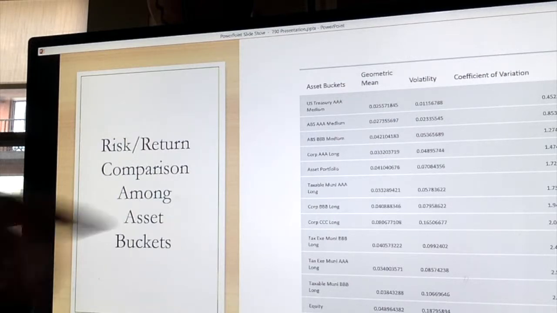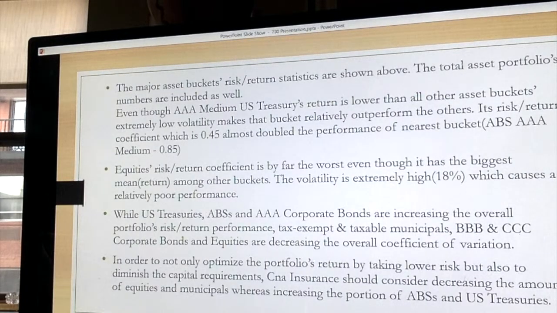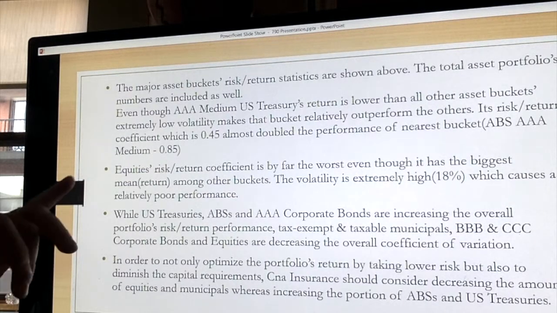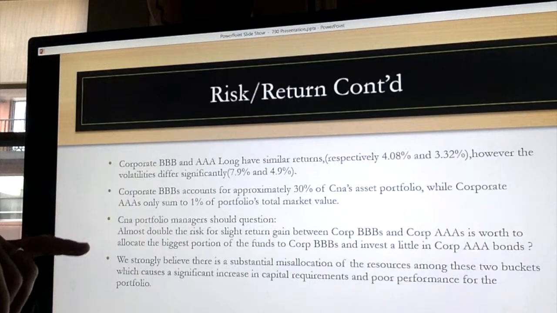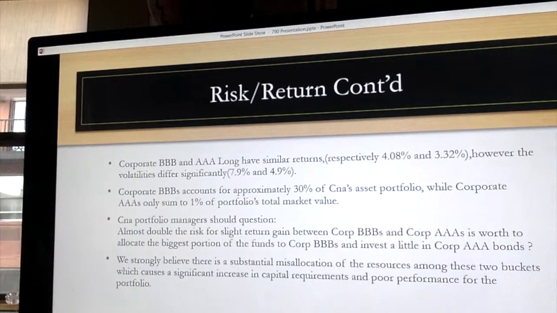And corporate AAA longs, for example, let me show you here. Yes, corporate triple Bs account for approximately 30% of CNA's asset portfolio, while corporate triple As only sum to 1% of the portfolio's total market value.